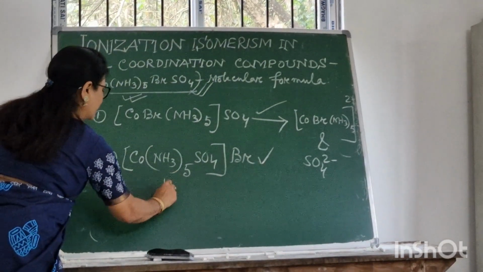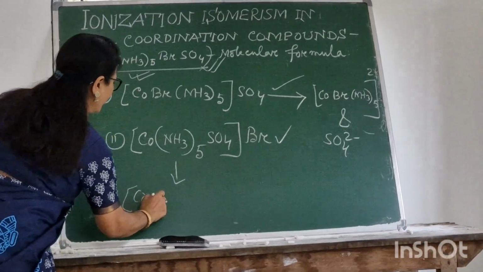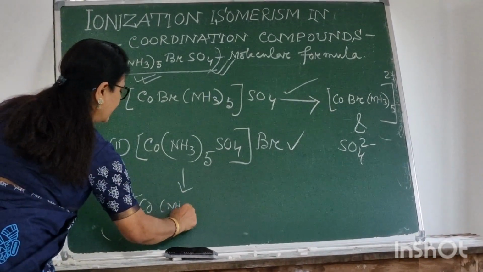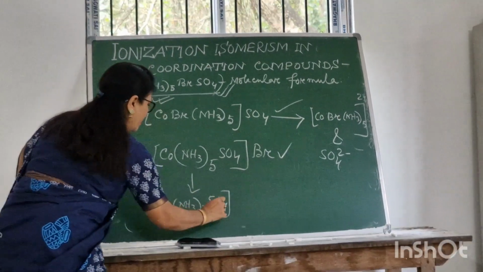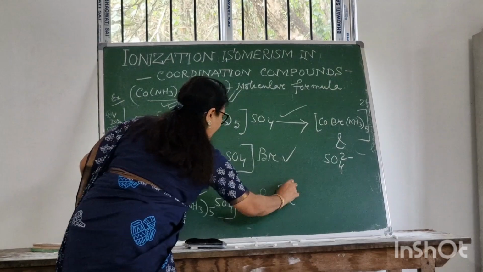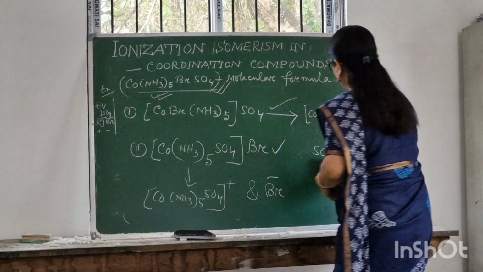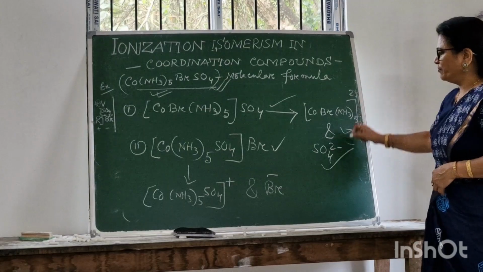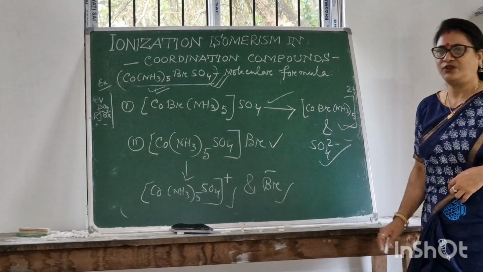And this compound gives in solution [Co(NH3)5(SO4)]+ and Br minus. The ions in solutions are different. Here this and this, and in this case we will get this and this in solution.